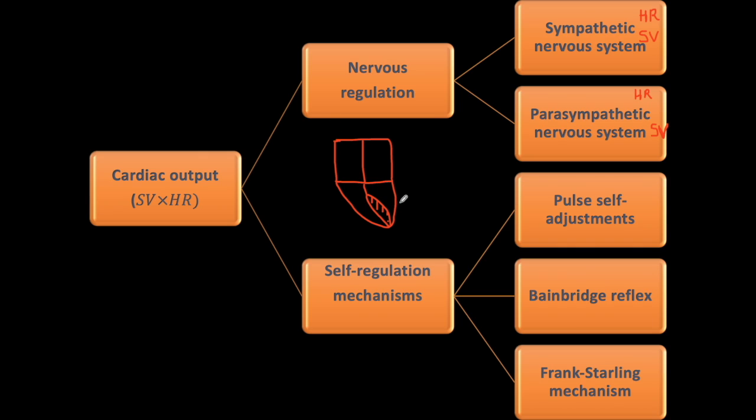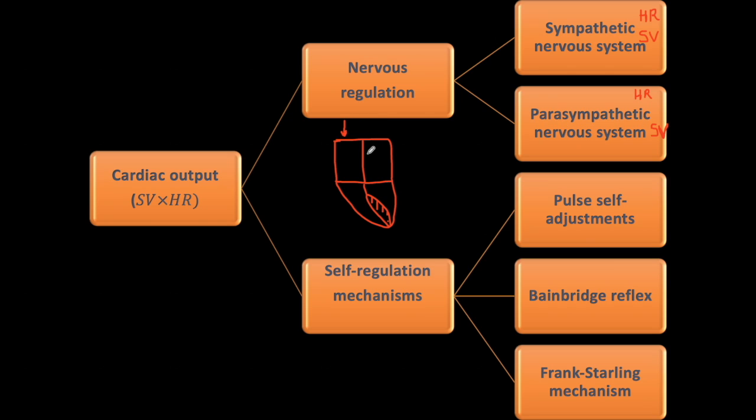Okay, what happens is that when our blood volume increases, what happens is super easy. Our venous return will also increase, right? And the more blood enters our right atrium. So what is the next step?